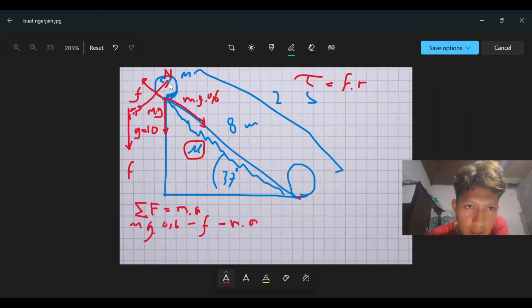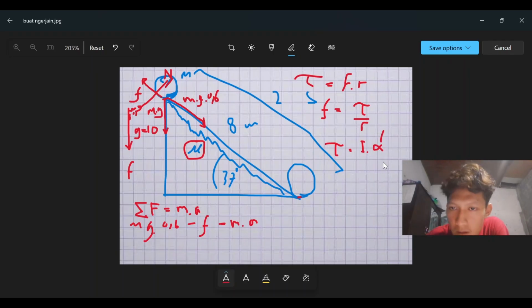So F is tau divided by r, and tau is also inertia times alpha. Alpha is the acceleration of a circular motion, which is a divided by r, and I, like we said earlier, has an equation according to its rigid body. So we'll write this as k times mass times r squared.